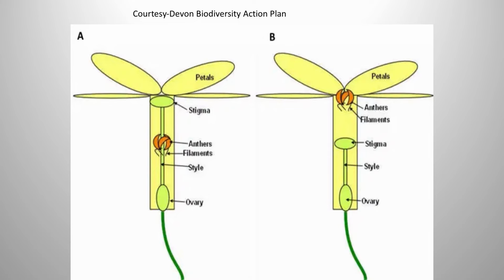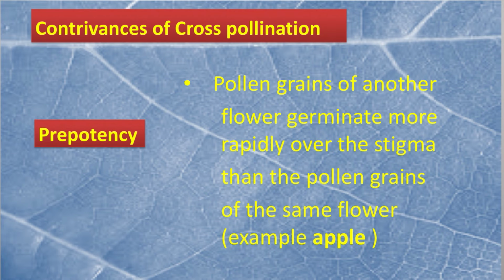In one flower you can see the position of the anther that is present below, and in the thrum-eyed you can see the position of anther that is present at the throat of the corolla tube. So, naturally in these type of flowers where heteromorphism is seen, the chances of cross pollination is more than the self pollination.